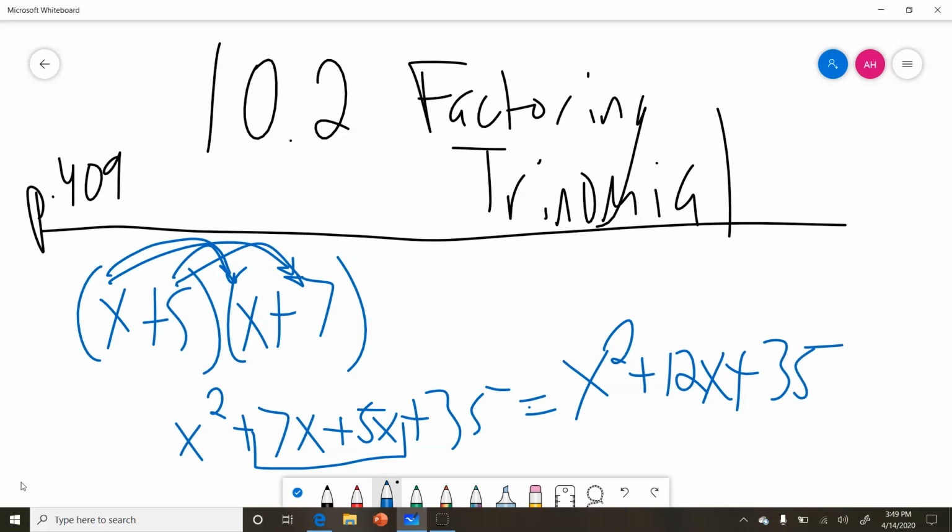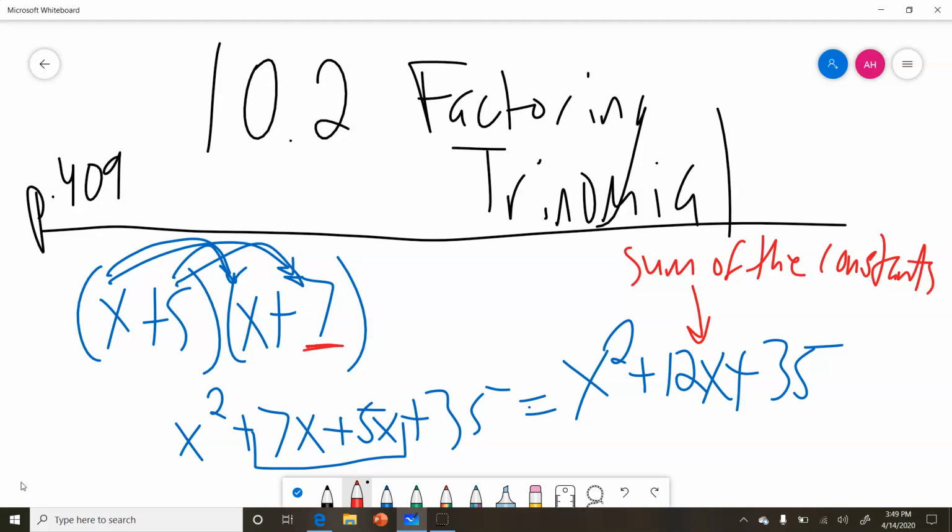Now, the cool part is that was last unit. So this unit, if you look at this term right here, that is the sum of the constants. Now remember, constants are numbers, not the variables. See how 7 plus 5 is 12, right? 5 plus 7 equals 12.